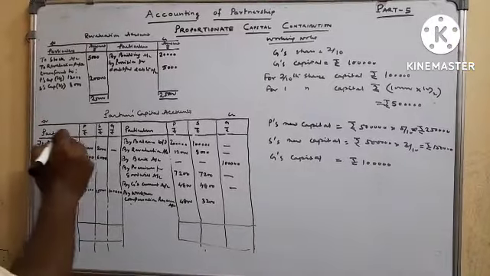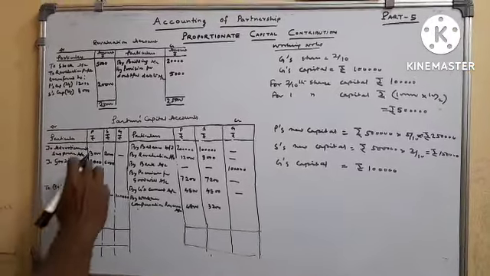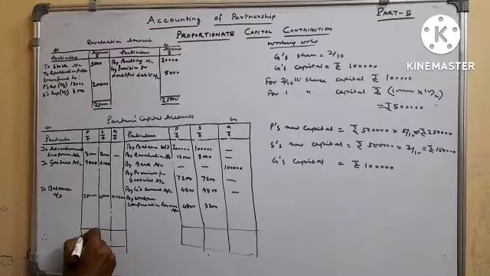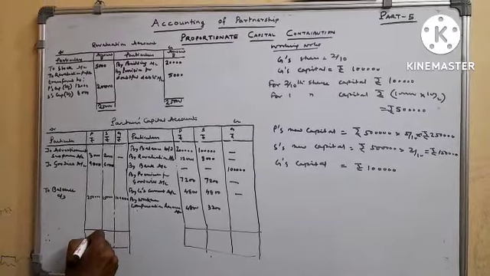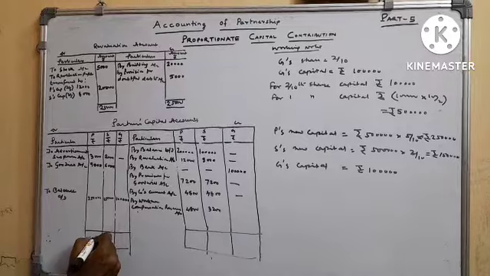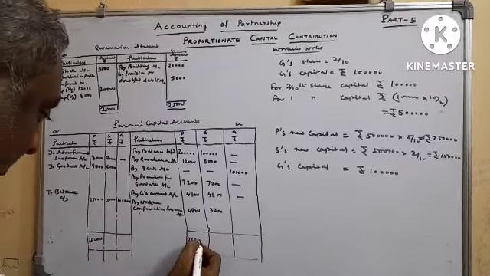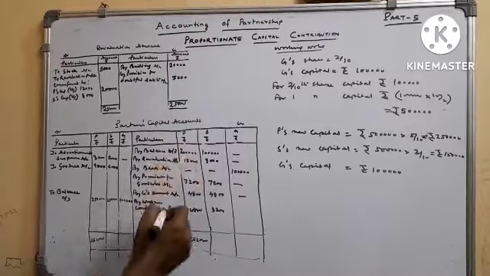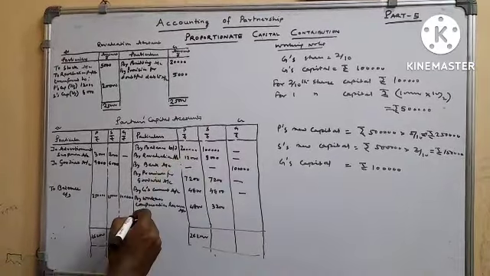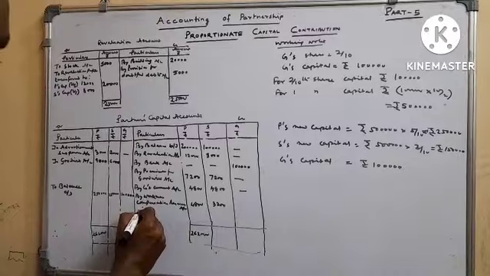So which side is greater? After adding the debit total, it is coming 2 lakh 62. Which is greater than debit side? So that old partner has to invest money in business.